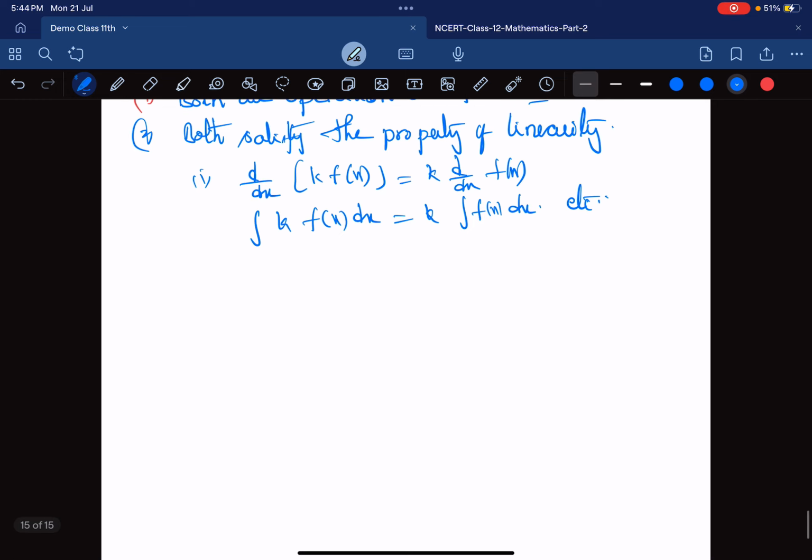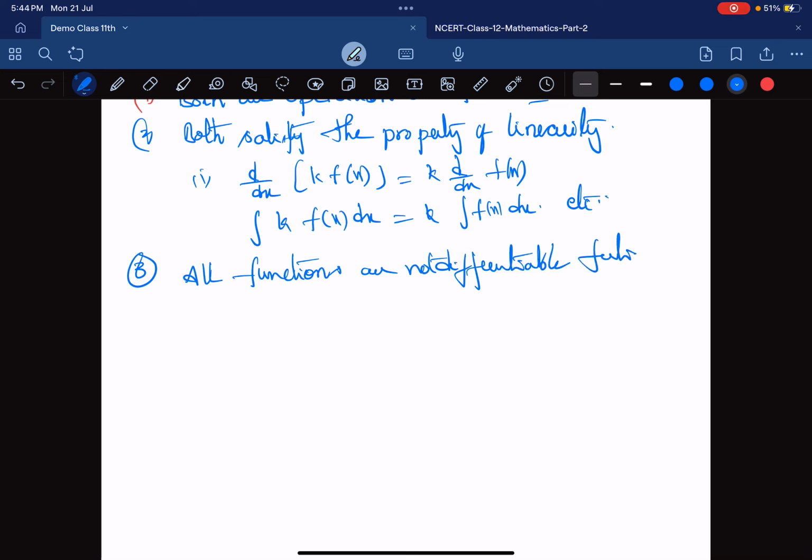We know that all functions are not differentiable functions. Similarly, all functions are not integrable.